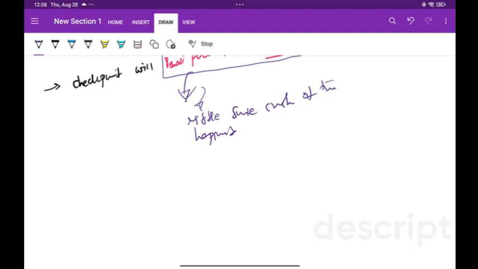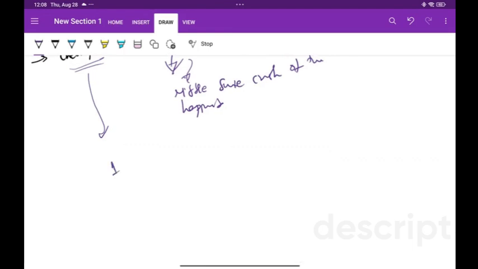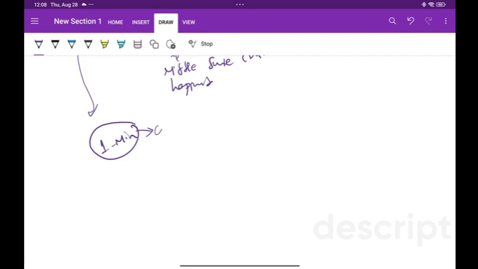Data pages which are dirty become fresh after 1 minute. How? By pushing those pages to the hard disk. So here we are setting 1 minute as the limit, the checkpoint duration.